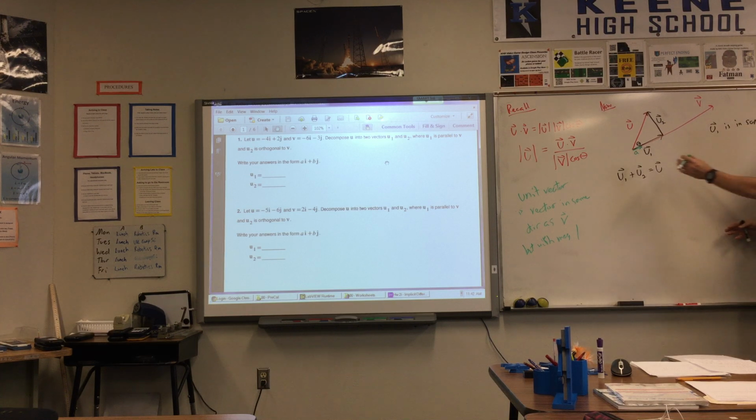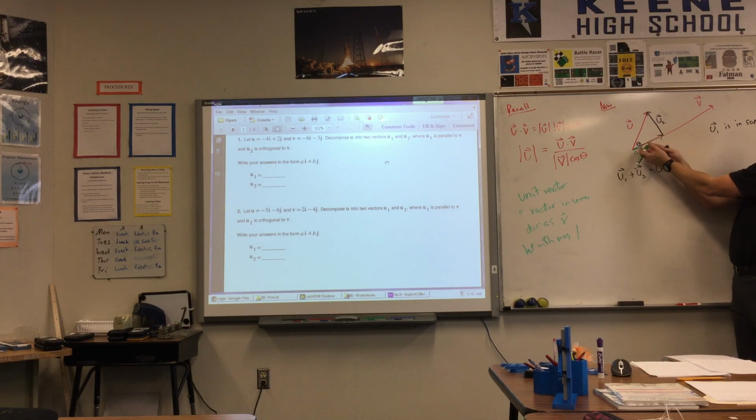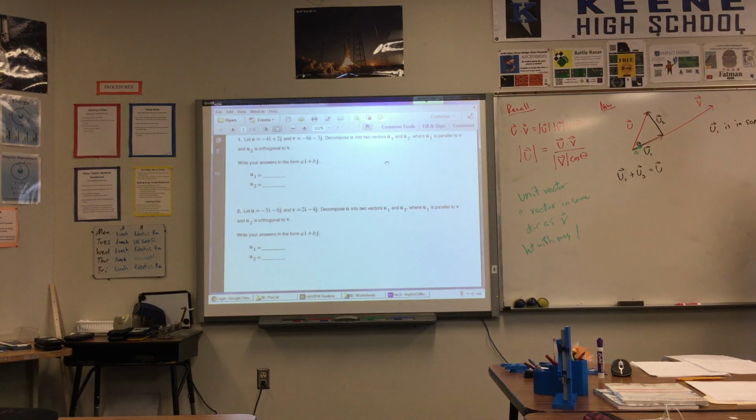So if I take vector A and multiply it by the magnitude of u1, then I'm going to get itself. So u1 is in the same direction as v, and u1 is in the same direction as what we're calling A, which is the unit vector for vector v.